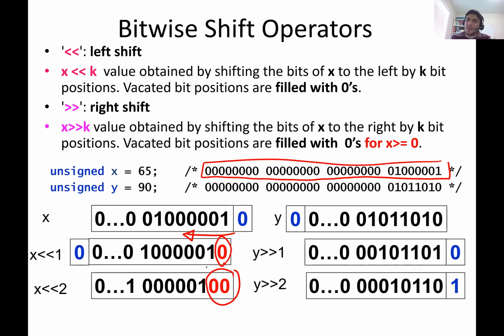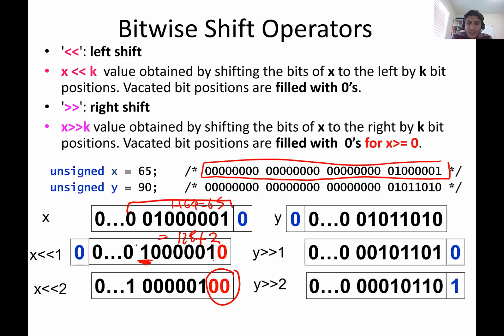We said shifting to the left is equivalent to a multiplication. Why is that the case? If you take this value, it's 1 plus 64, which gives you 65. But now the 1 has changed position, from the 0 position to the 1 position. So now it's 2 to the power 1 multiplied by 1, plus, this is no longer 2 to the power 6, it is at position 7, so 2 to the power 7, which is 128.